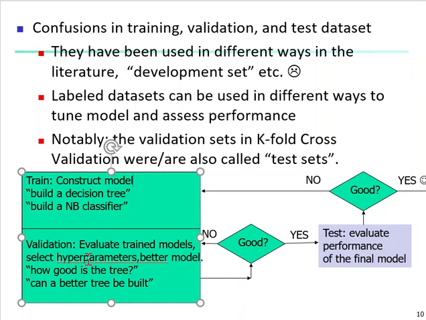We divide the same labeled data set that we might have used for training into multiple subsets and use it in multiple rounds to find the best combination of hyperparameters and to eventually learn hopefully the best model that we can learn.